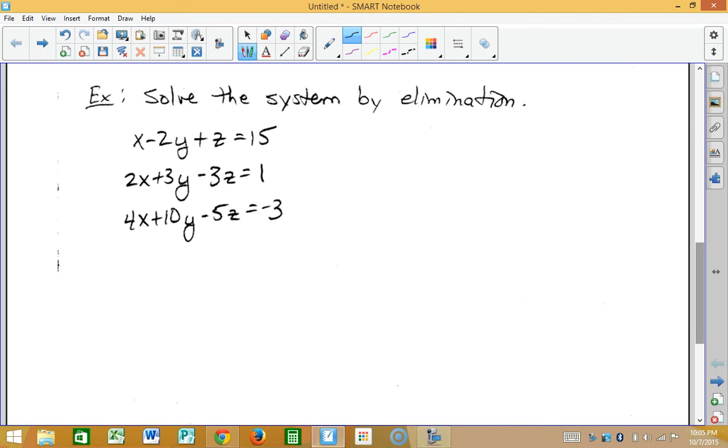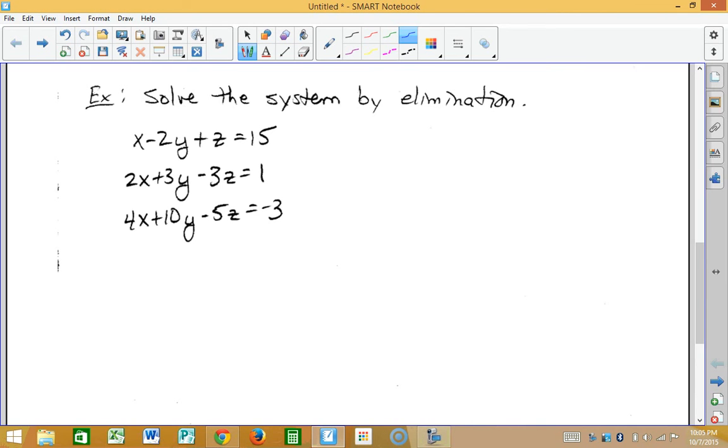Elimination is still a lot of work as well, but substitution I think is even worse. So let's go ahead and apply what we know. We have our elimination method that we used on a two variable system. We can apply the same thought process with the three variable system.